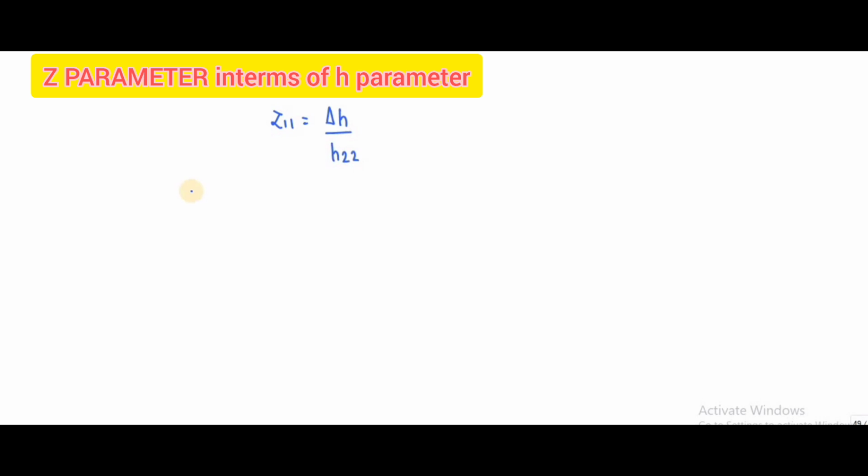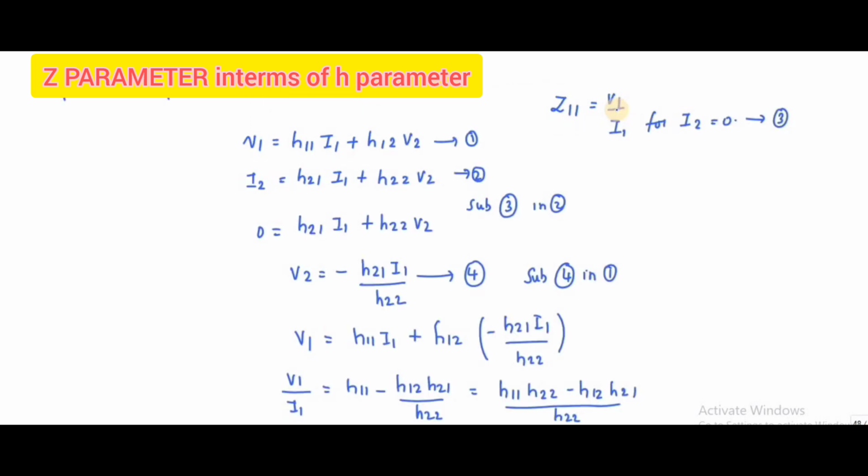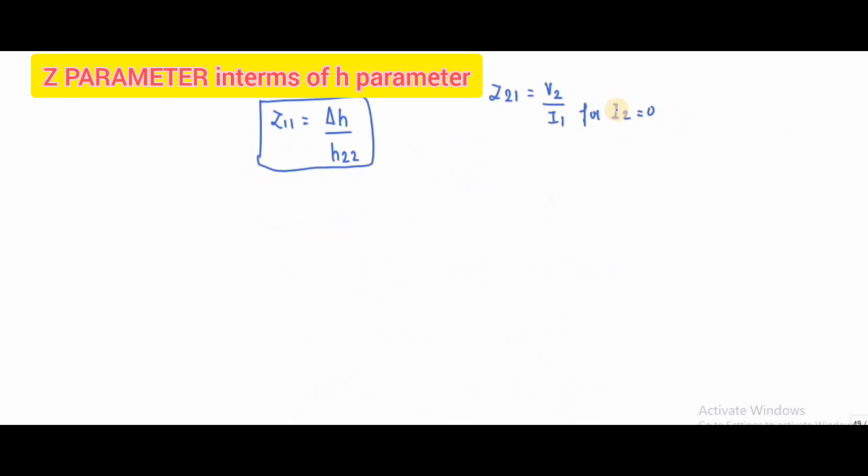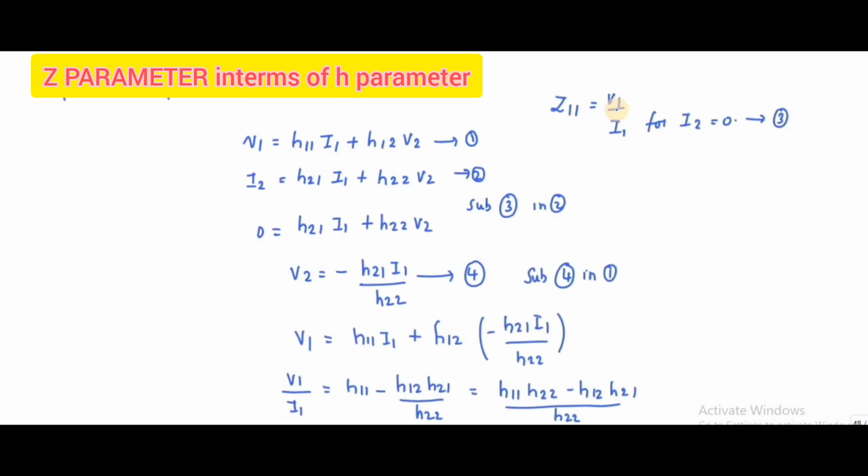Okay, so the first representation is over, and next I need to represent Z21, which is equal to V2 by I1 for I2 equal to 0. Okay. So you can see from the equation 0 is equal to H21 I1 plus H22 V2.